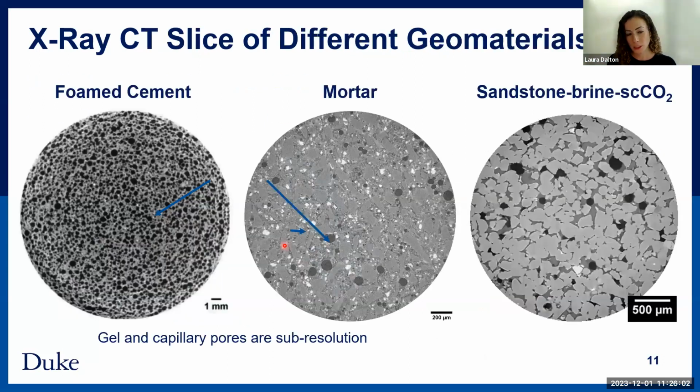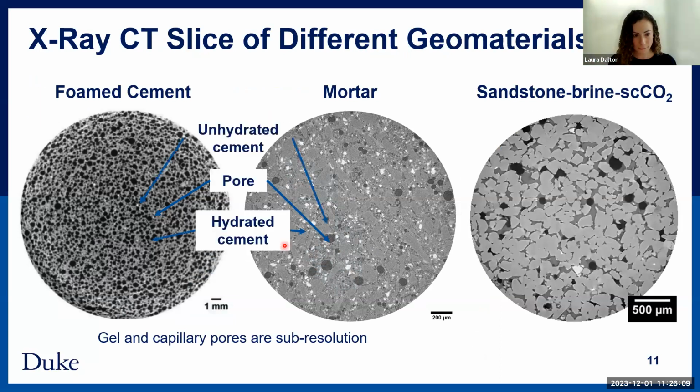And really quickly, for the geomaterials we'll talk about today, I just wanted to give an overview of what they would look like after you've scanned the material. For foam cement, so very porous cement, the unhydrated cement particles are the brightest, because it's all based on density.